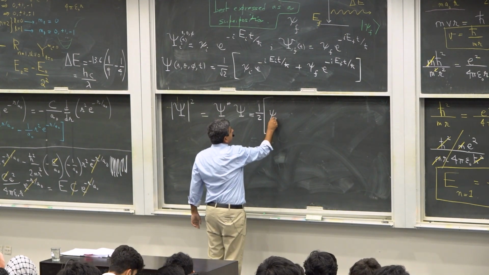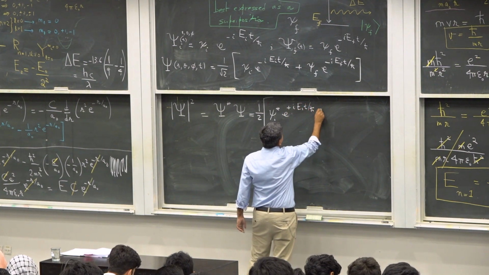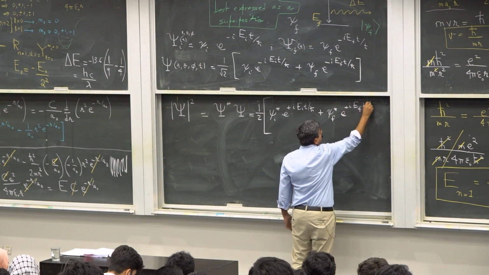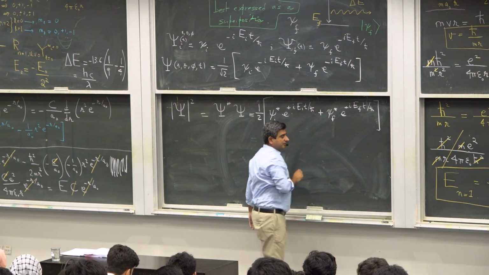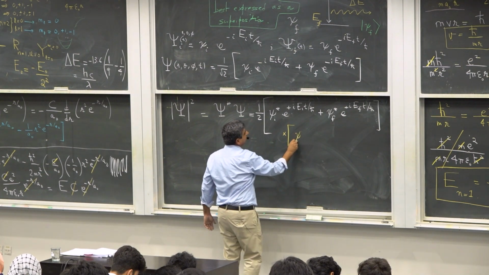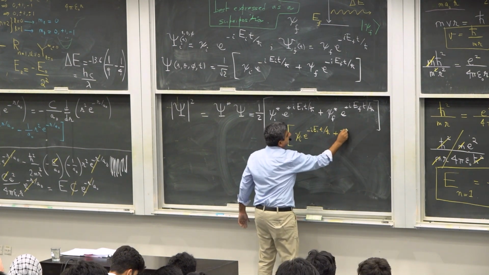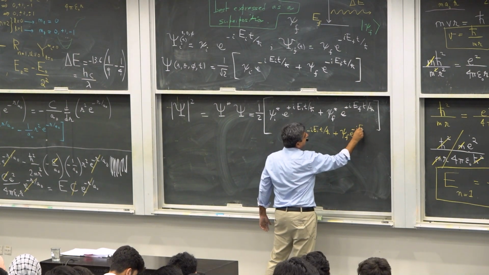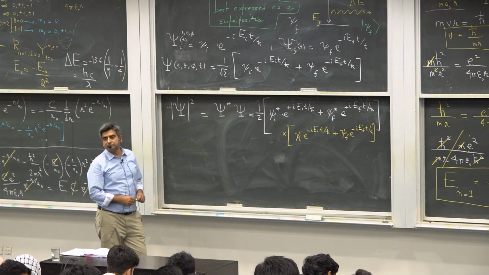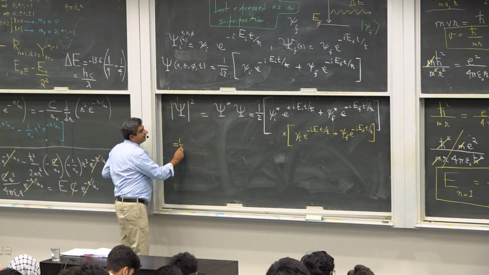This is psi_i star e^(+iE_i t/ħ) plus psi_f star e^(+iE_f t/ħ), multiplied by psi_i e^(-iE_i t/ħ) plus psi_f e^(-iE_f t/ħ), correct? Now this becomes 1/2. Now I do the multiplication.